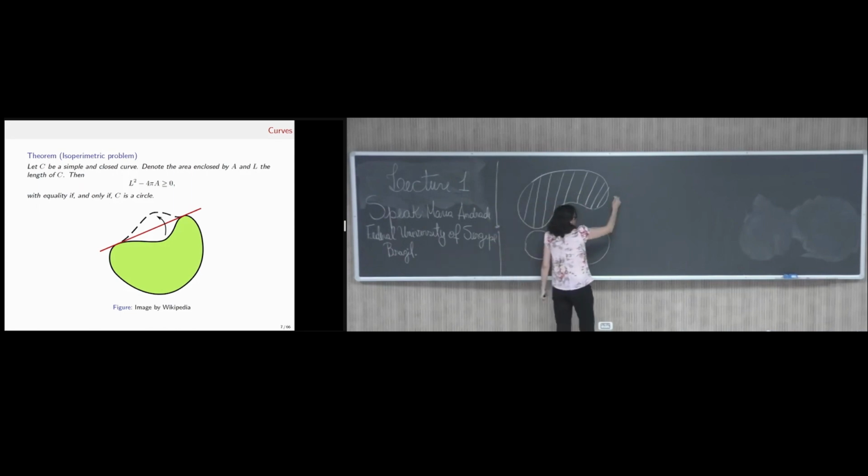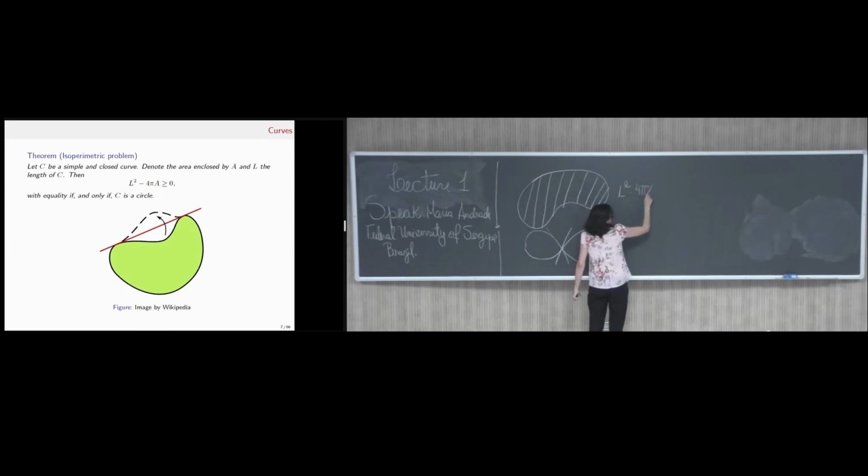You can show that the length of the curve squared minus 4 pi times the area is bigger than or equal to 0, okay? So the equality occurs if and only if the curve is a circle.